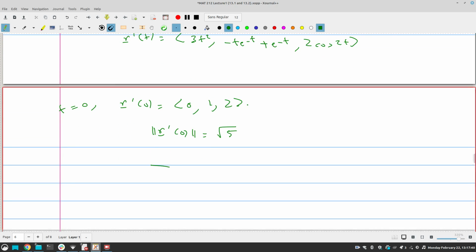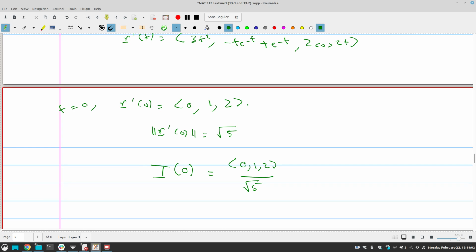So the unit tangent vector at t equals 0 is (0, 1, 2) divided by the square root of 5. Right? So that's the unit tangent vector.